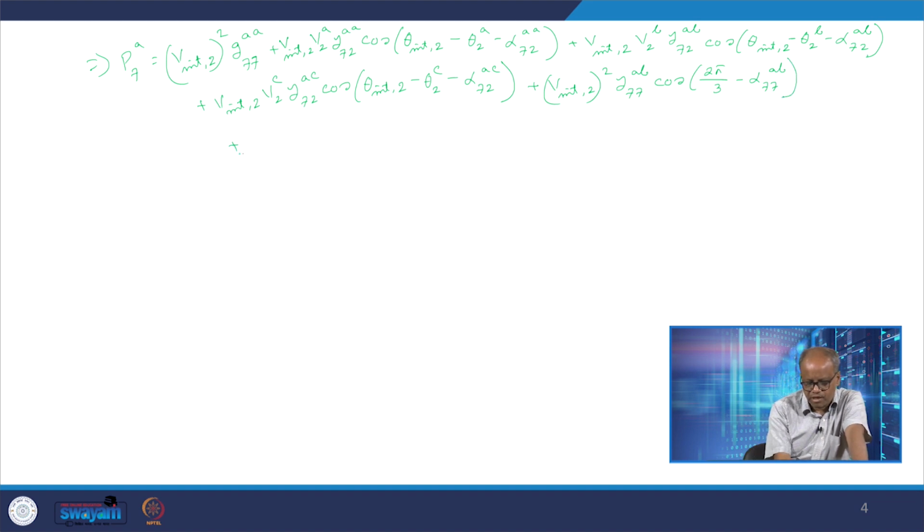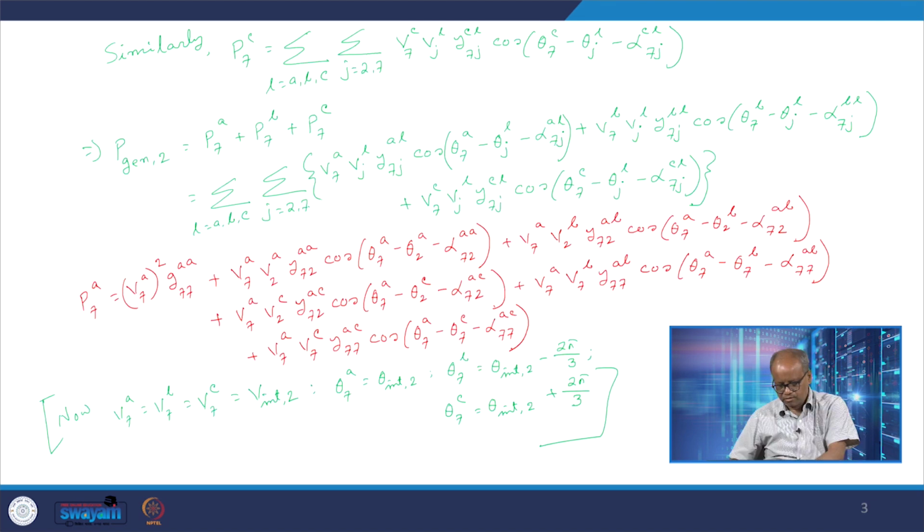Plus, this one would be V internal 2 whole square Y77AC, and theta 7A minus theta 7C is minus 2 pi by 3.